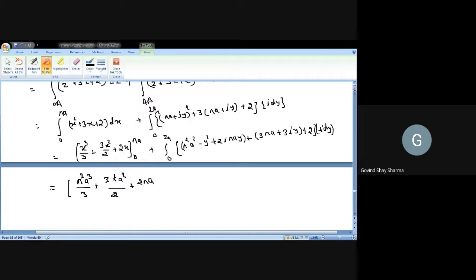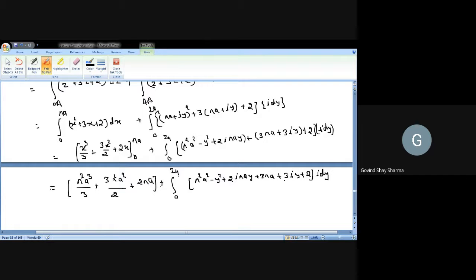We will put 0, 0, 0 here. We get this plus the integral from 0 to 2a of π²a² − y² + 2iπay + 3πa + 3iy + 2i.